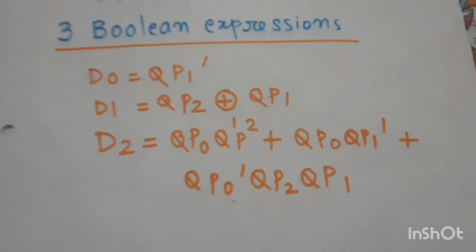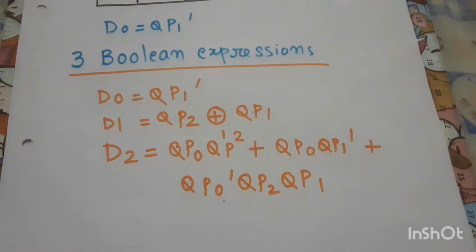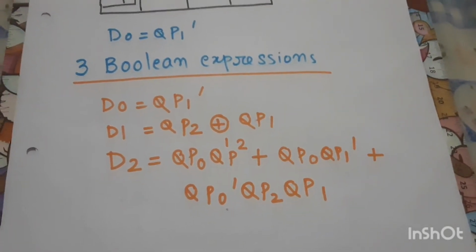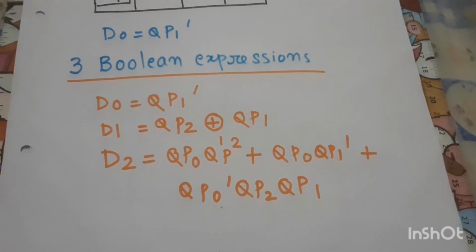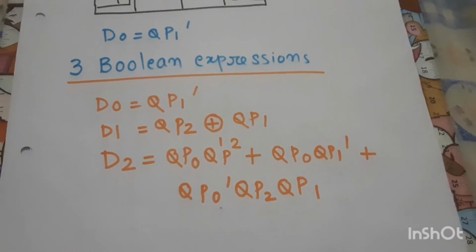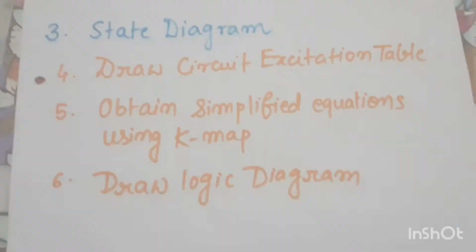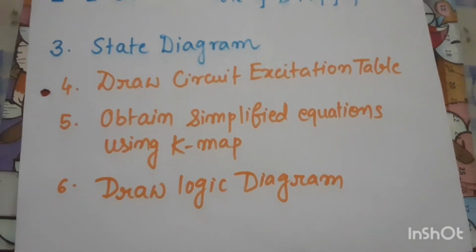Now the 3 Boolean expressions after the simplification are D0 equals QP1 bar, D1 equals QP2 exclusive OR QP1, and D2 equals QP0 QP2 bar plus QP0 QP1 bar plus QP0 bar QP2 QP1. So we obtain the simplified Boolean expressions using K-map.